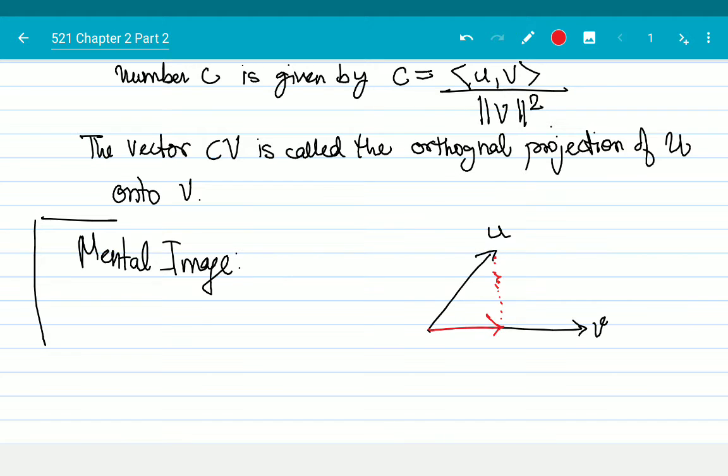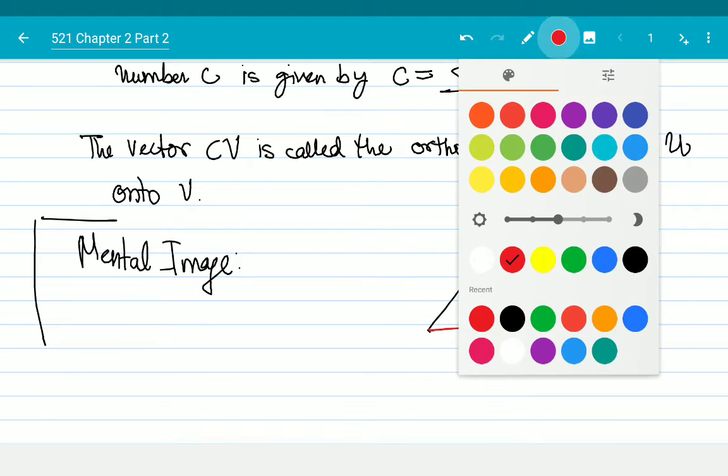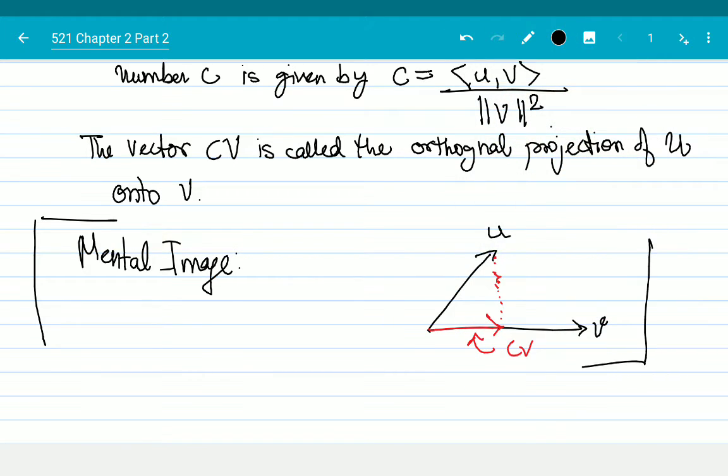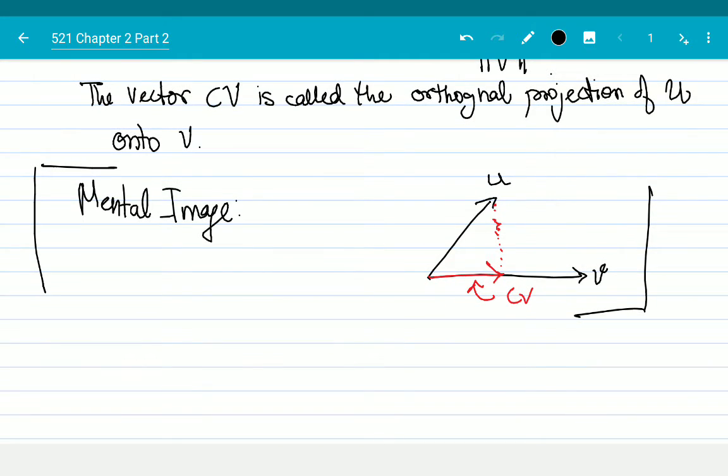This vector here is CV. So that is what is going on.